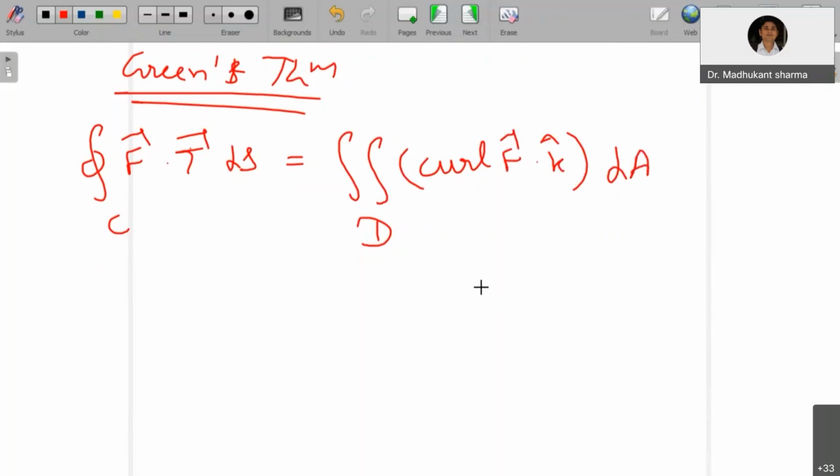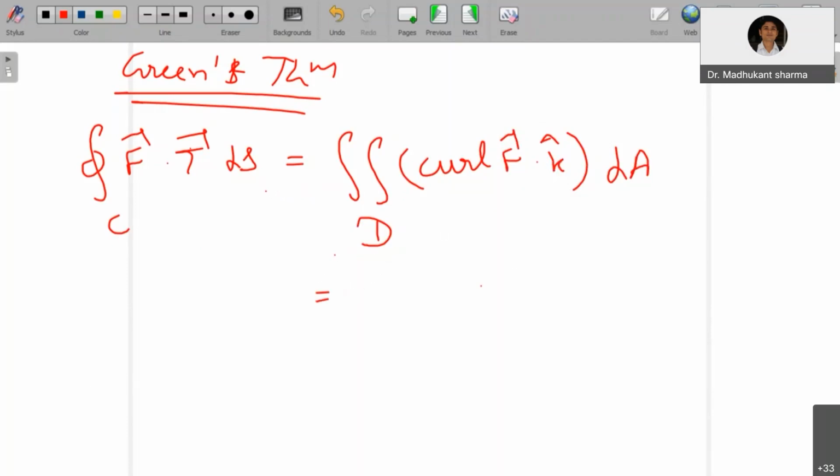In the vector form, it is circulation density, and the unit normal is K because we are talking about a plane region, the XY plane. The unit normal to the XY plane is along Z, and Z has the component K. That's why there is the K component.